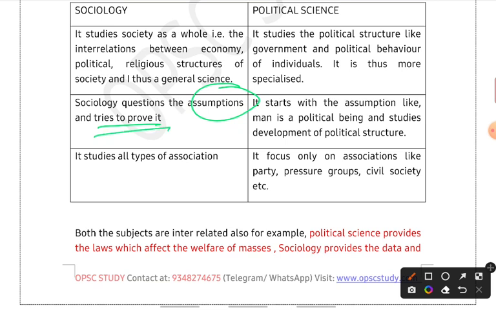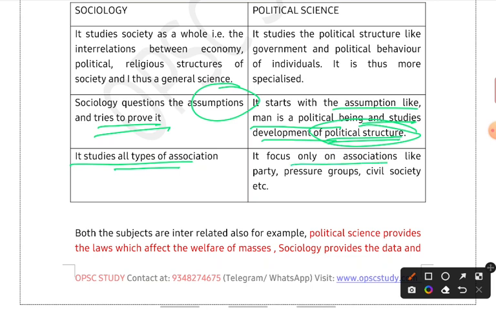It will make a hypothesis of anything, and then try to make a theory based on it. But political science starts with an assumption like man is a political being and studies the development of political structure. So it will only study the aspects of that institution based on the political nature of our political structure.